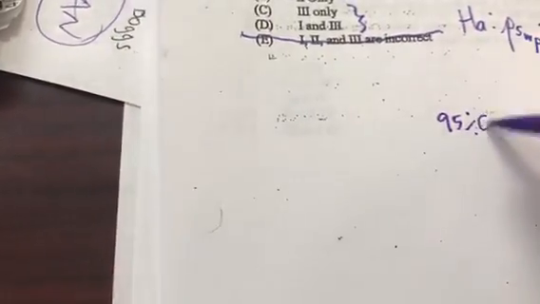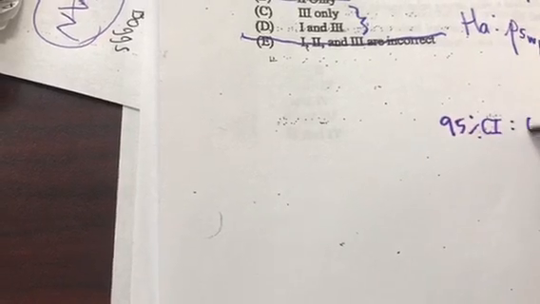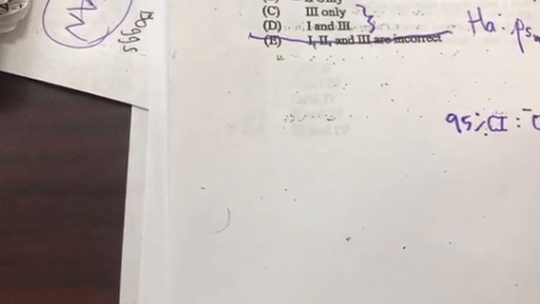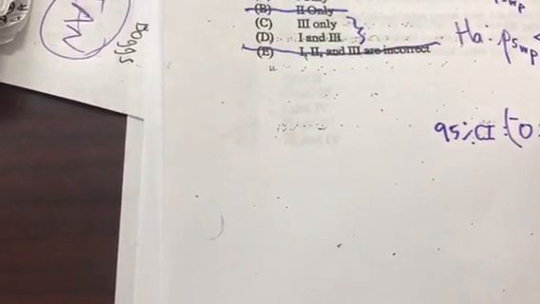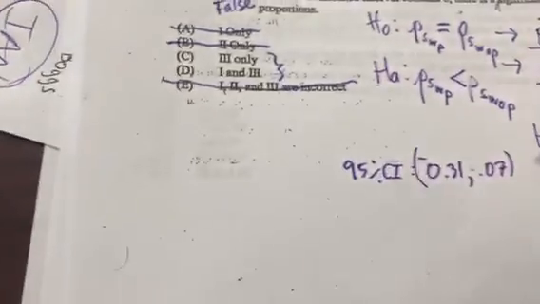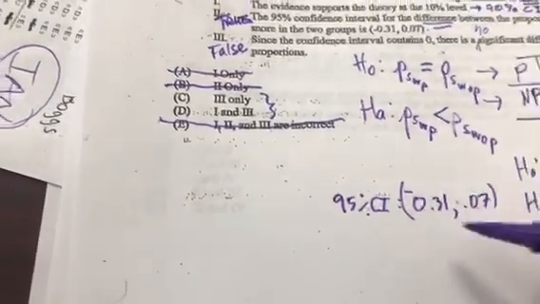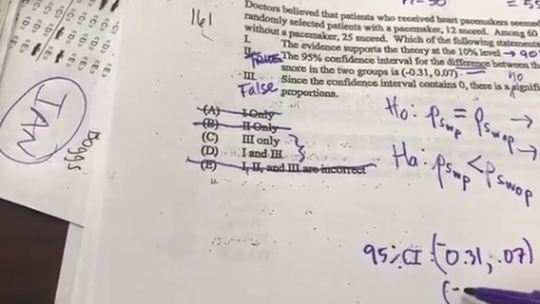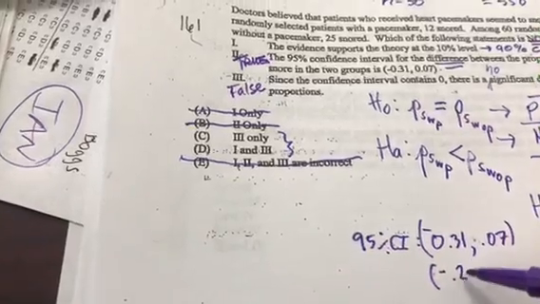So let's compare that here. At a 95% confidence interval, I got negative. All right. And my new numbers, I got still a negative. Uh-oh.